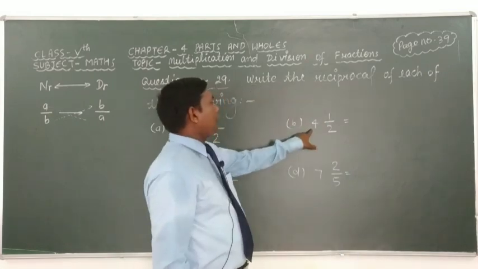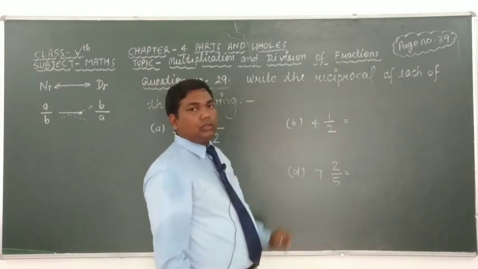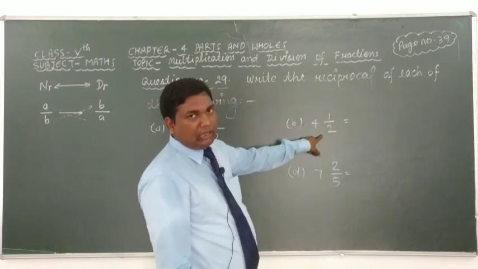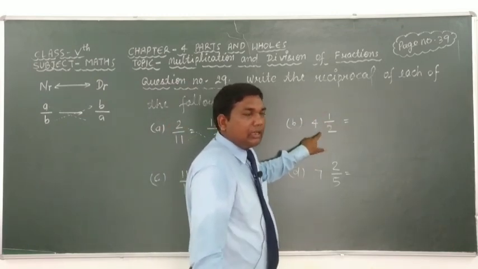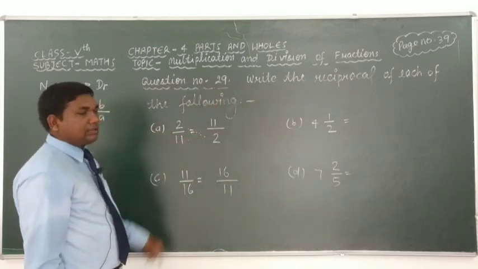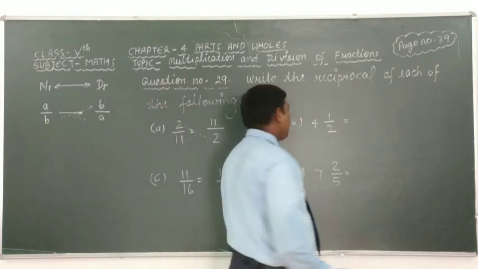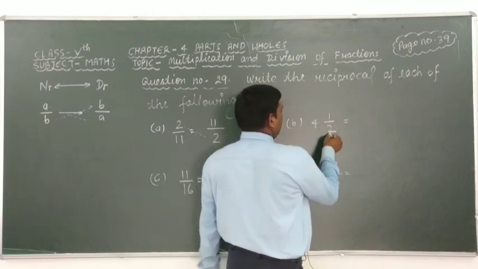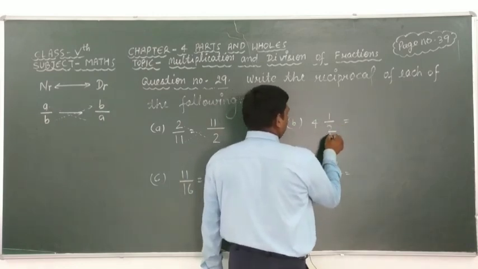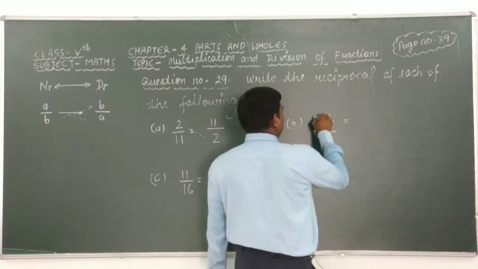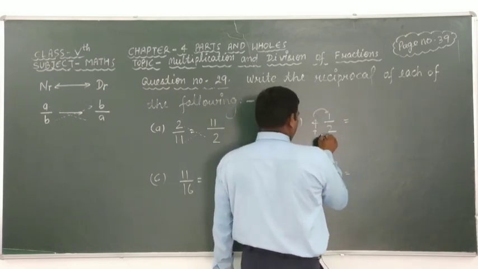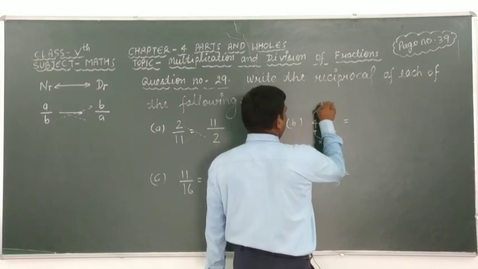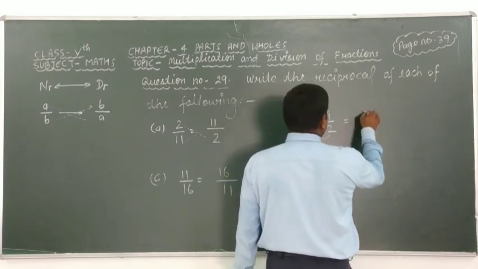Just look at this question. Here given is 4 mixed 1 over 2. Firstly, we have to change this mixed fraction into an improper fraction, then apply this method. Understand? 2 4s are 8, 8 plus 1 is 9.